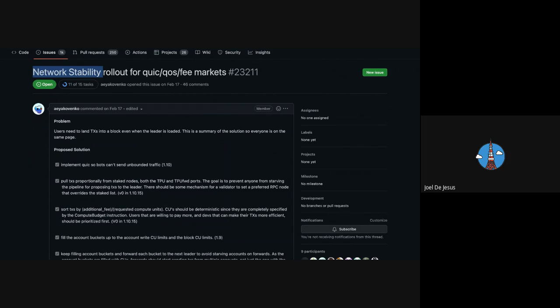So you just end up with a de facto denial of service attack when people want to send transactions. The solution is for the Solana devs to roll out QUIC and QoS and fee markets. In this case, fee markets apply to writing to the account, so writing state. Our focus and our solution is to deal with these two.